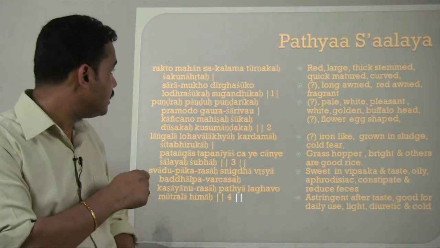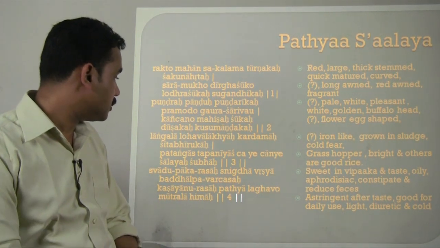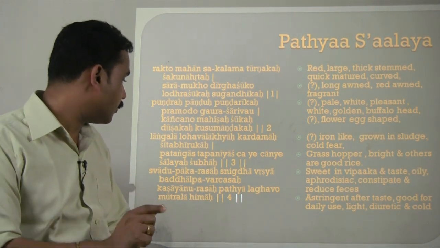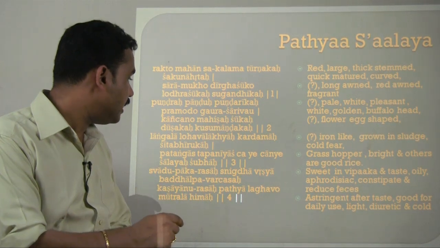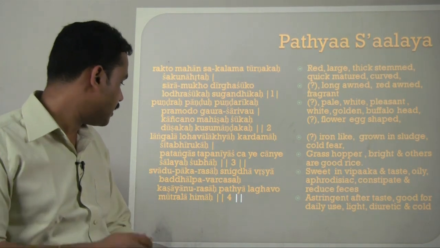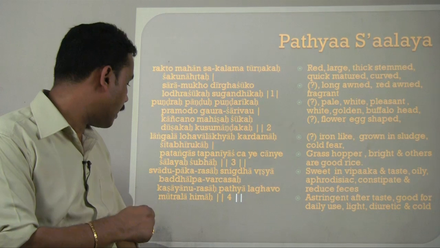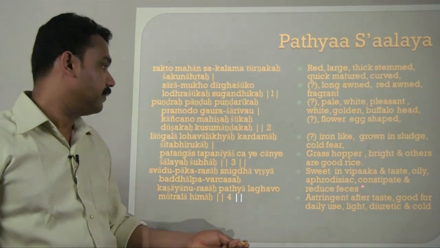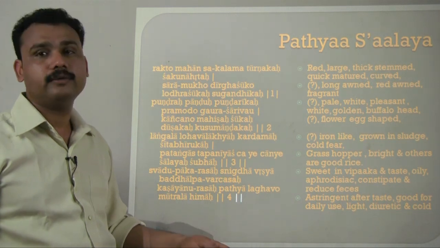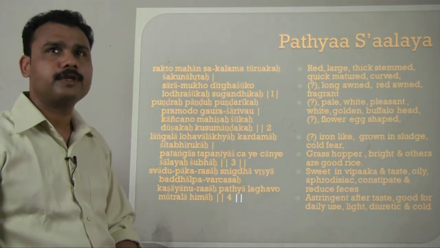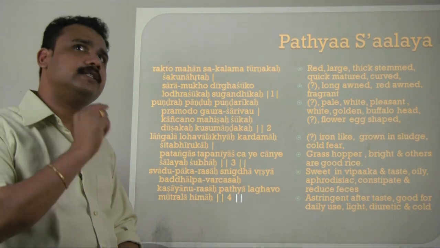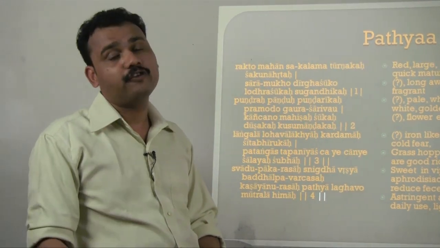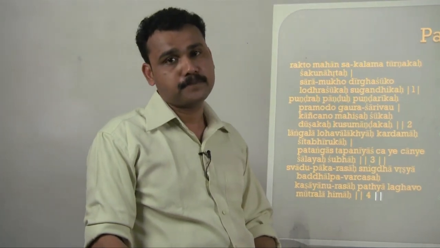So these shali, these kinds of rices, are good for regular usage, and they are very light to digest, and they are mutrala. They are diuretic. They produce a lot of urine, mutrala. So that is also in some ways a disadvantage of shali.